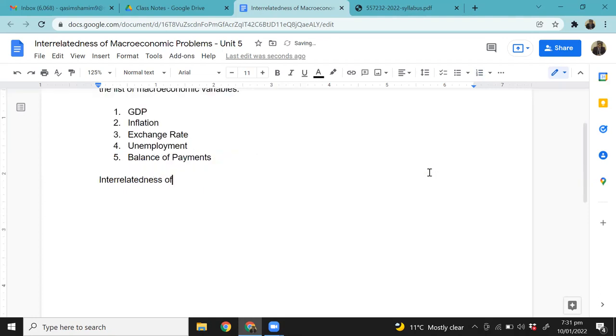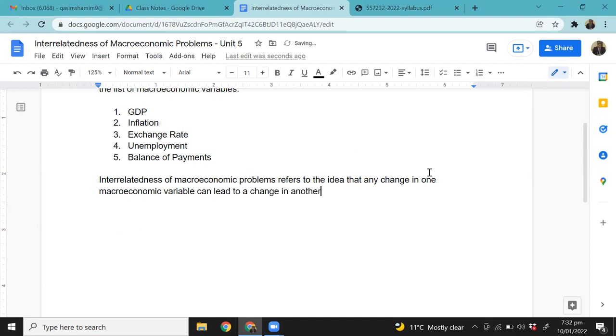Interrelatedness of macroeconomic problems refers to the idea that any change in one macroeconomic variable can lead to a change in another variable.